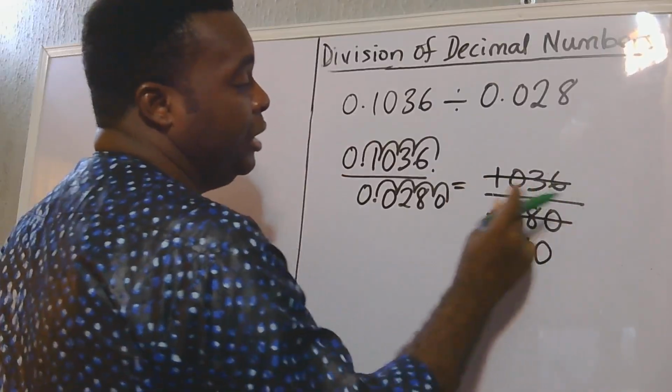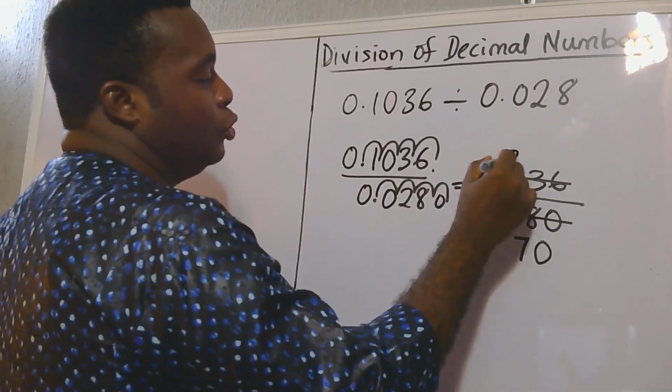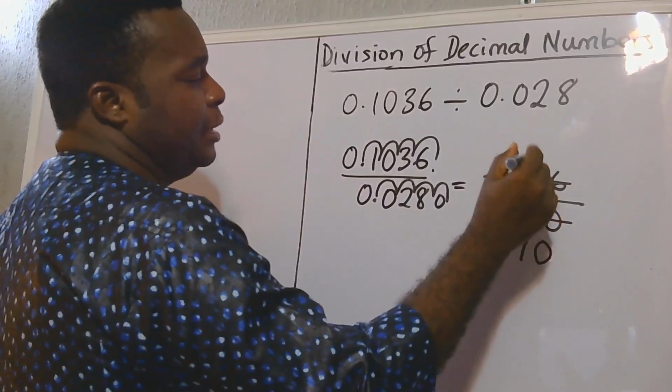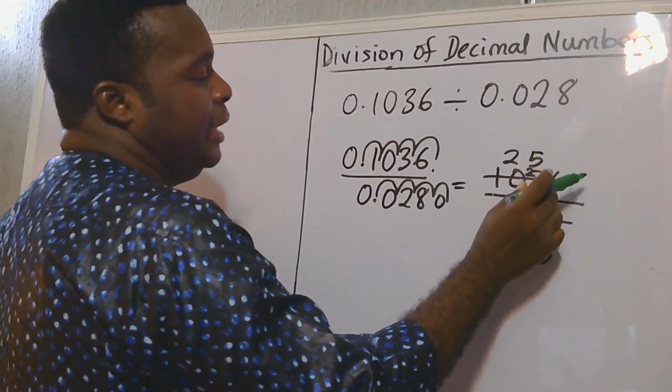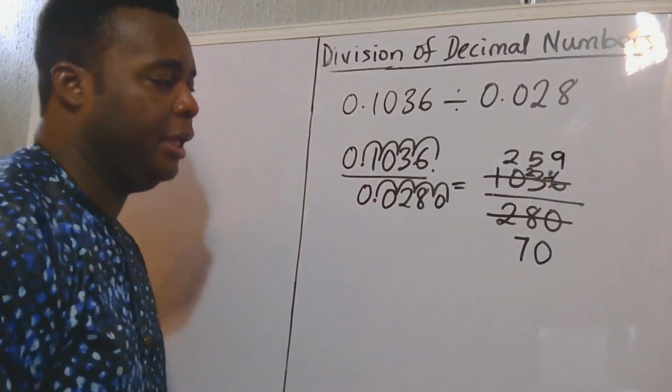And then coming to the numerator, 4 in 10, that gives us 2, remainder 2. In 23, that gives us 5, remainder 3. In 36, right, that gives us 9, okay?